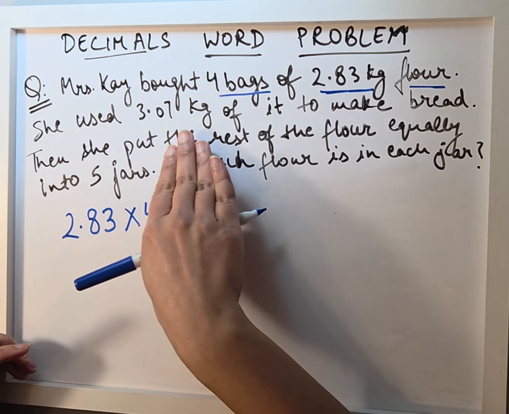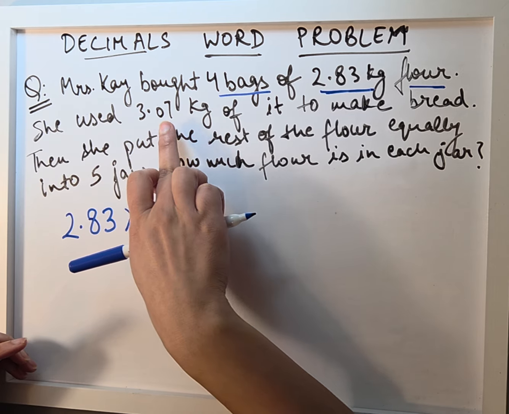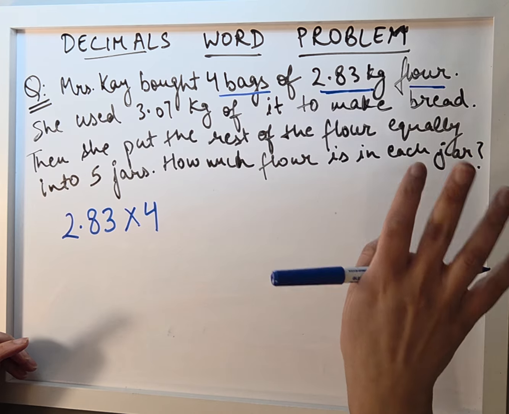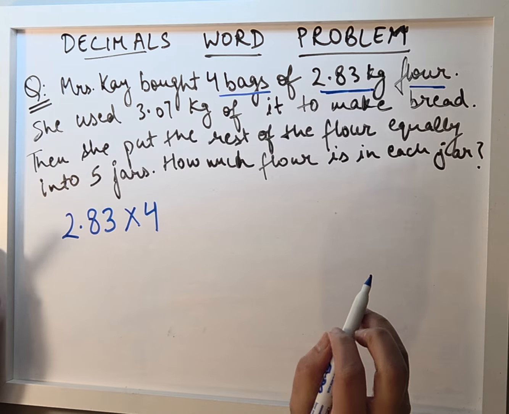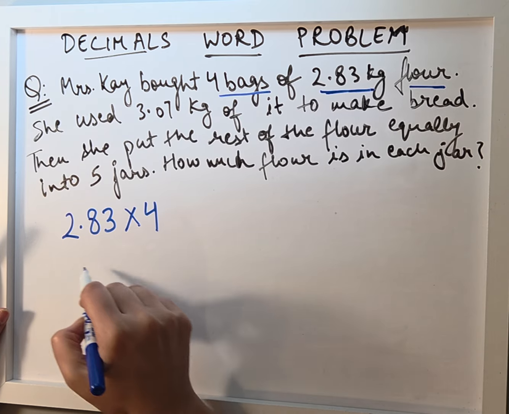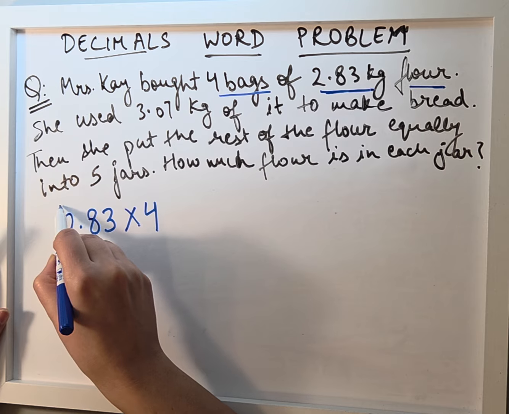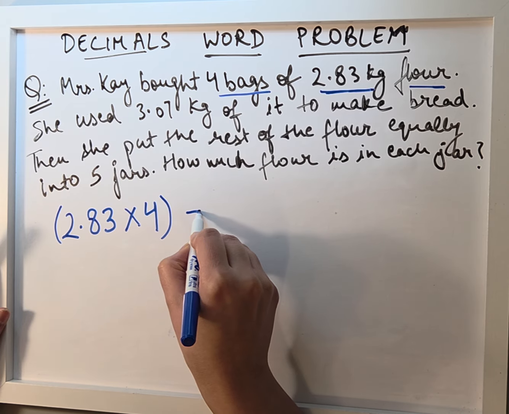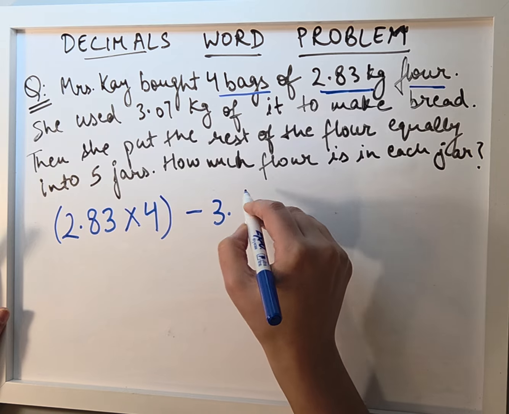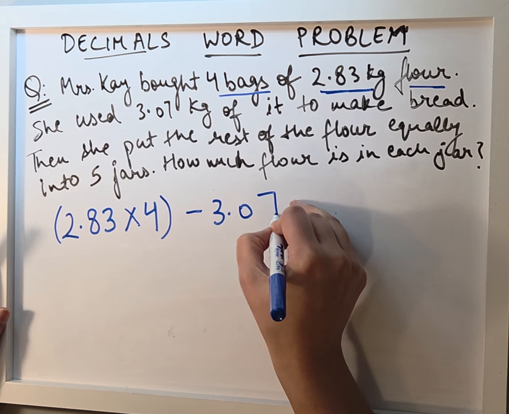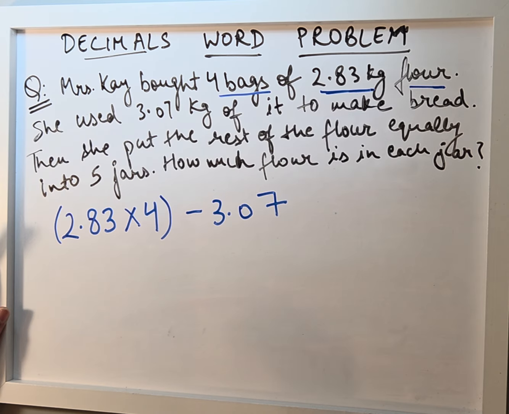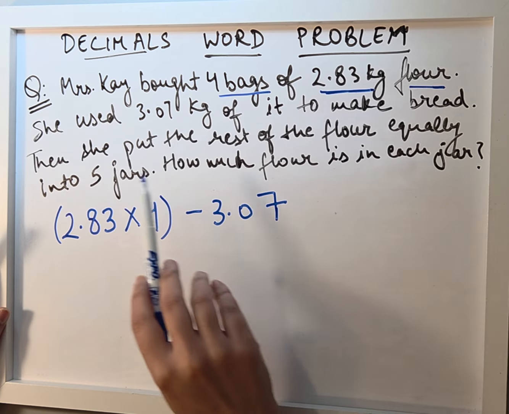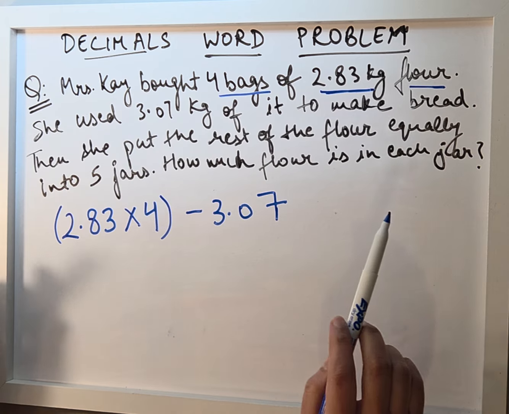So out of this, she used 3.07 kg of it to make bread. Okay. So this was what she had. So from this, she used 3.07. Okay. And now she put the rest of the flour.